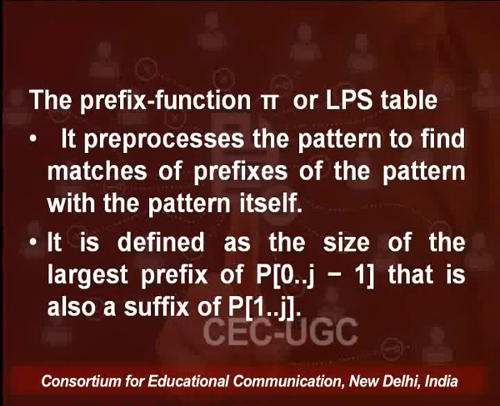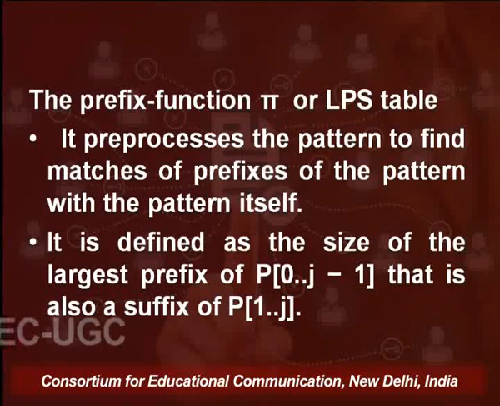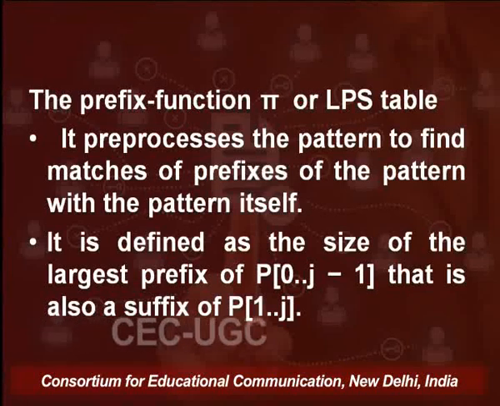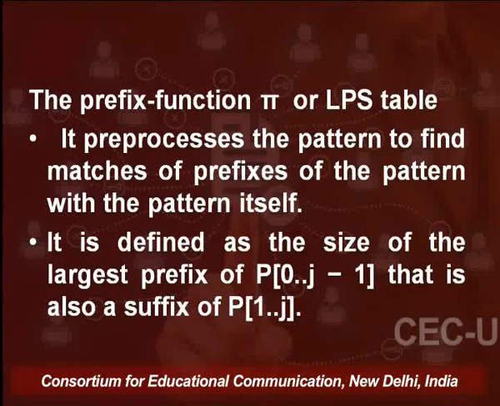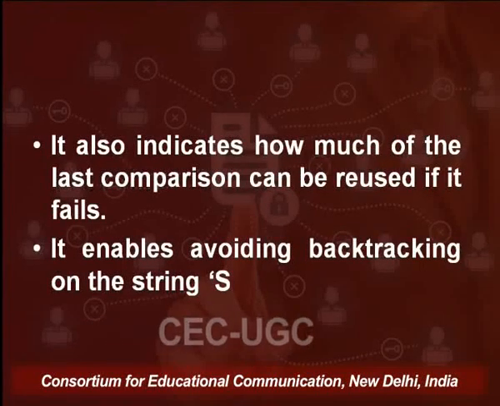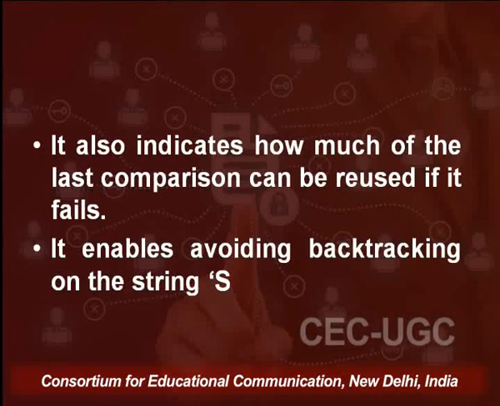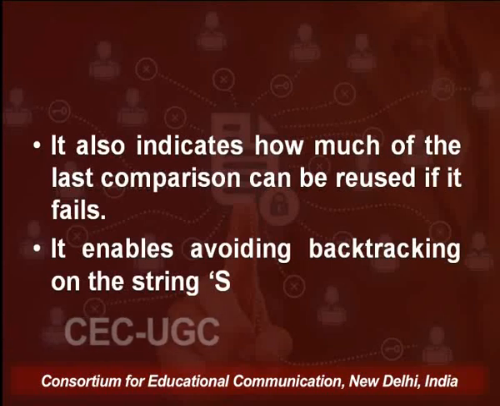We can say the prefix function pi, or LPS table, is defined as the size of the largest prefix that is also a suffix. That is what we are looking for, and this is what we established at the start of the lecture too. By this I mean how the KMP algorithm is going to use this pre-processed information.